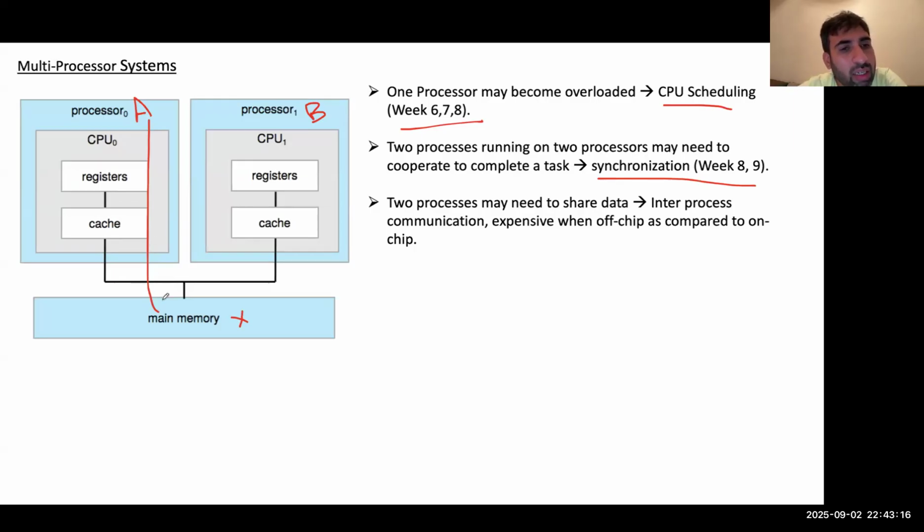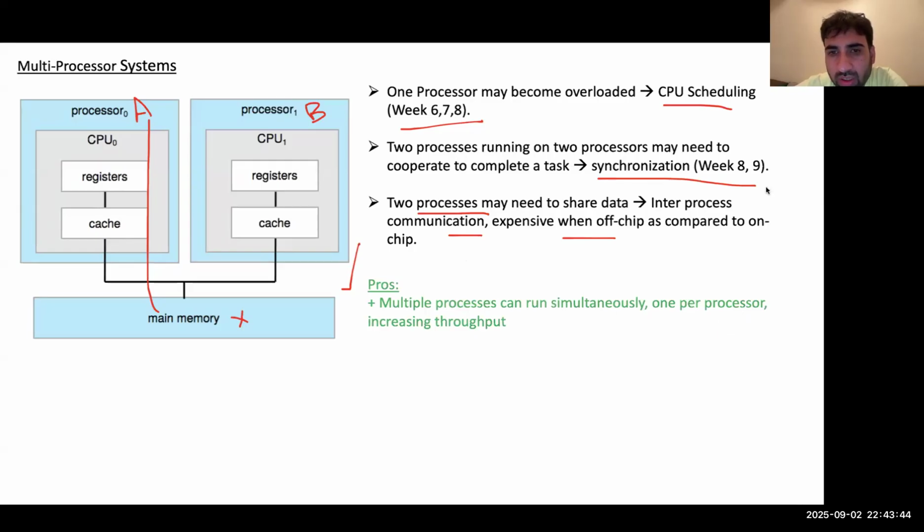Always remember that when signals travel between two chips, it is much more expensive in terms of latency, as compared to the case when information is exchanged between two components on the same chip. So as a result, if two processes need to share data and perform inter-process communication, it is expensive in this kind of architecture.